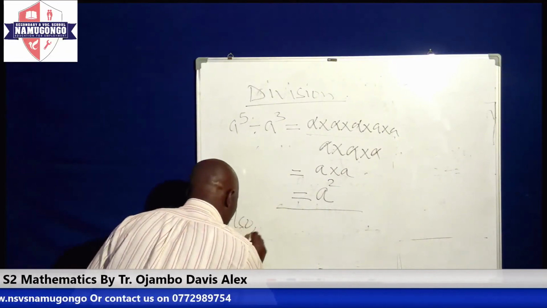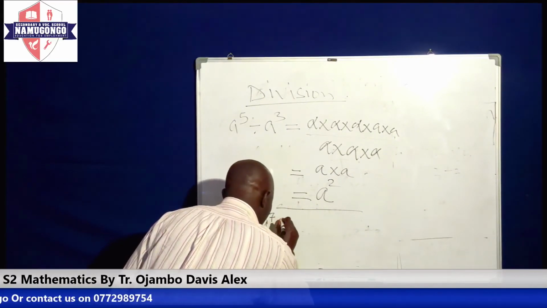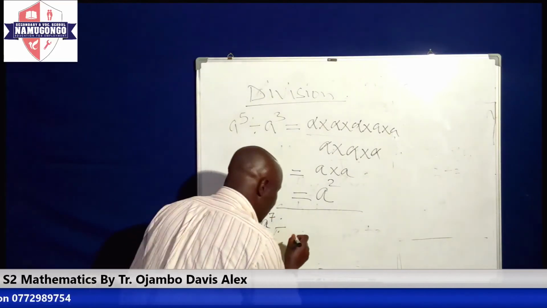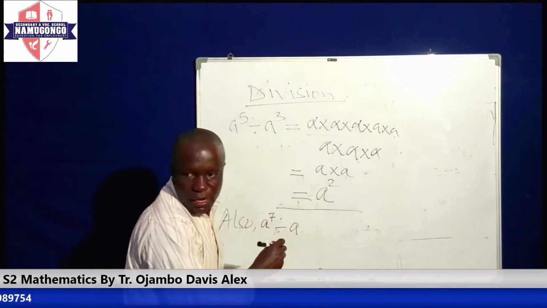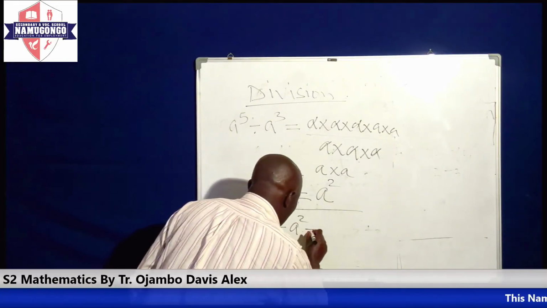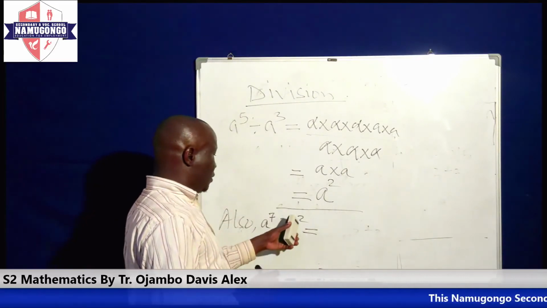Also, if we have a raised to the power of 7 being divided by a raised to the power of what? Of 2. So from here, a raised to the power of 7 being divided by a raised to the power of 2.